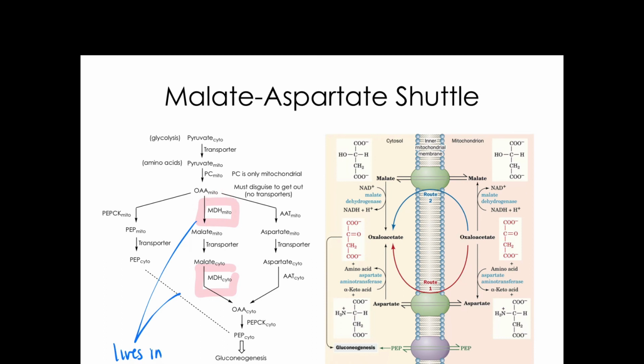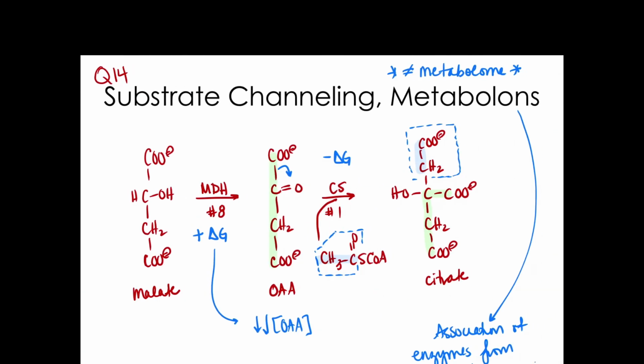The malate shuttle works because we can convert oxaloacetate into malate in the mitochondrion, so we can transport it out and then reconvert it to oxaloacetate in the cytosol by using a cytosolic version of malate dehydrogenase. So again, malate dehydrogenase lives in 2 spots. I'm going to spend a little bit of time talking about the chemistry that can happen with malate dehydrogenase and highlight this concept of substrate channeling and then metabolons.